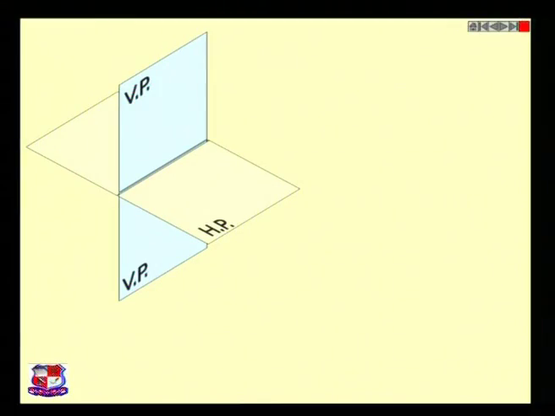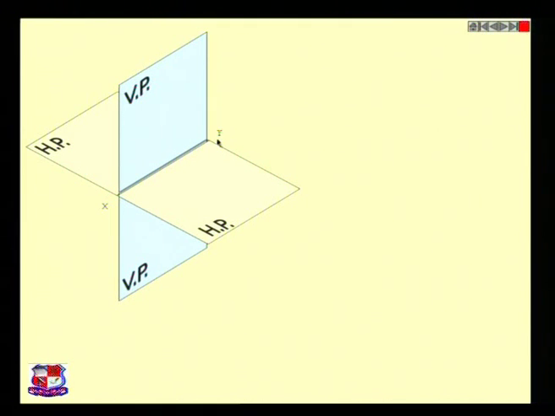Now, these two planes would meet each other at 90 degrees. Both will be inside each other at 90 degrees, which creates what? Which creates an XY line, which is intersecting in the middle of the portion.